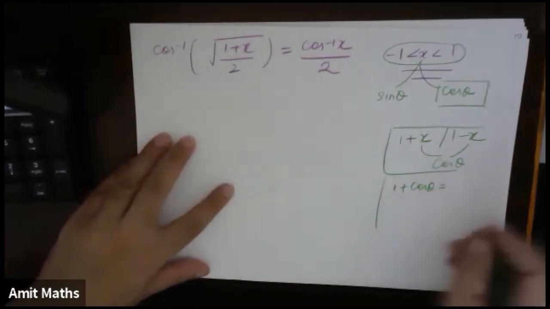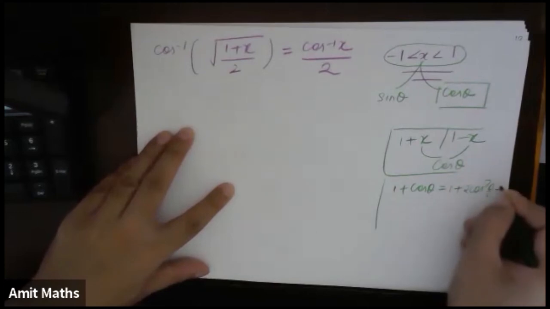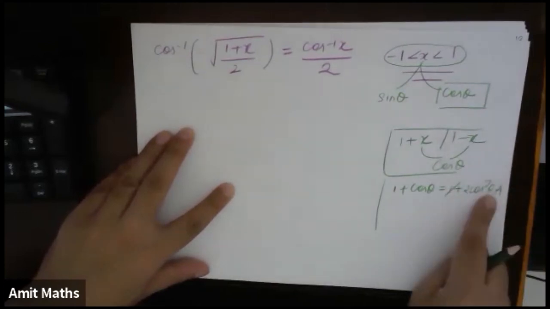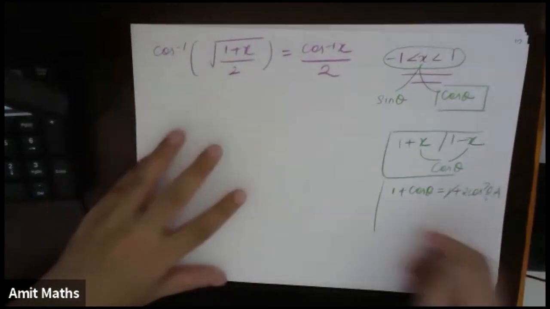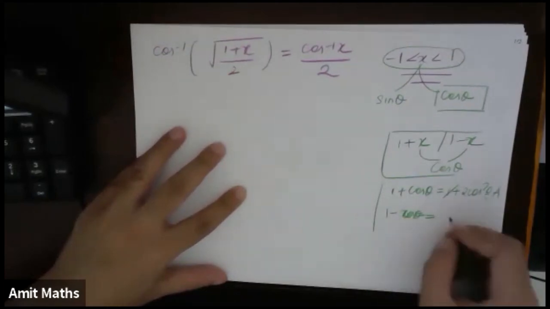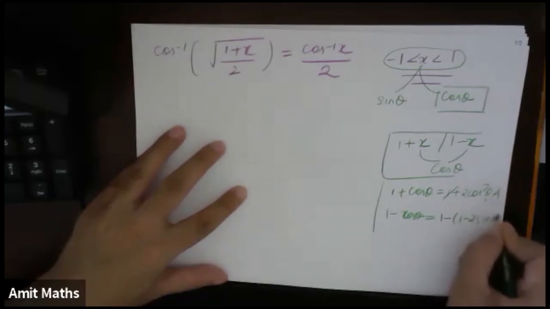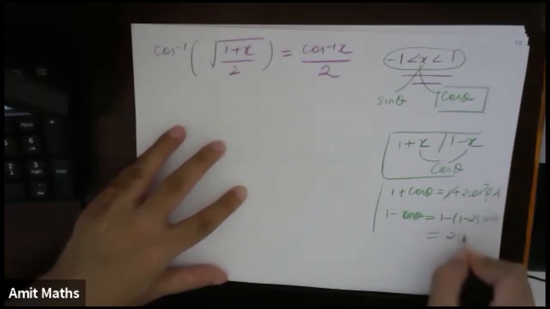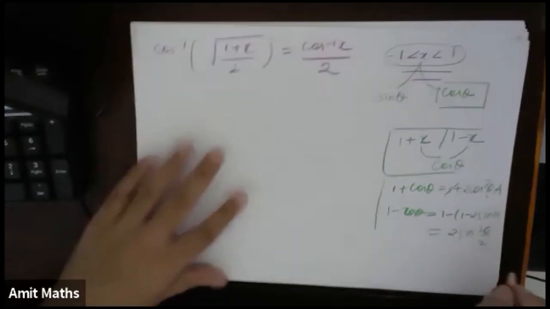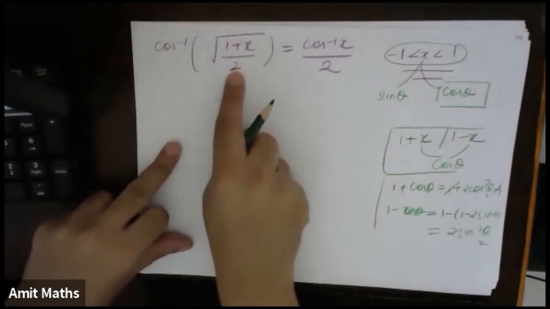I can write cos theta as 2 cos square theta by 2 minus 1. This gets cancelled, so it becomes simply 2 cos square theta by 2. If it is 1 minus cos theta, I will write cos theta as 1 minus 2 sine square theta by 2, and this becomes 2 sine square theta by 2. Also, on top of that they have a root and divided by 2.